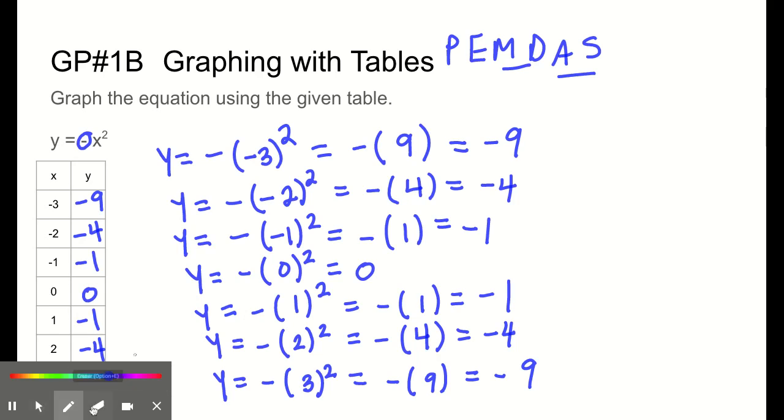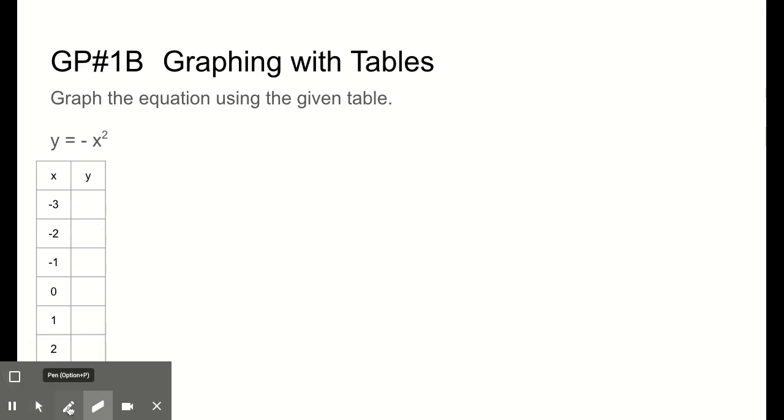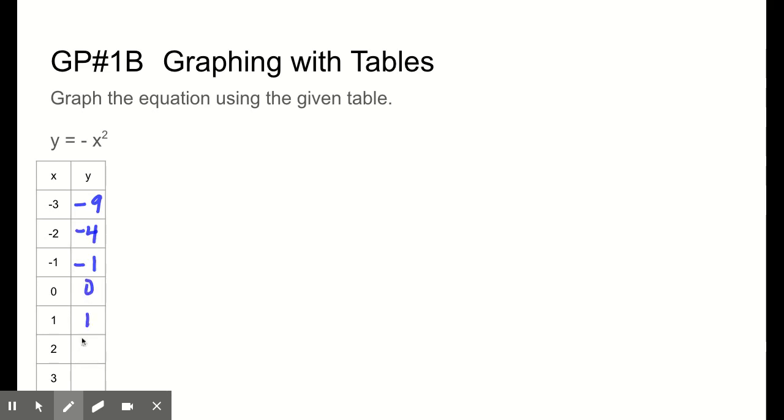Now again, before we go through and graph this function, I want to take a look at our differences. So here we had -9, -4, -1, 0, -1, -4, and -9.